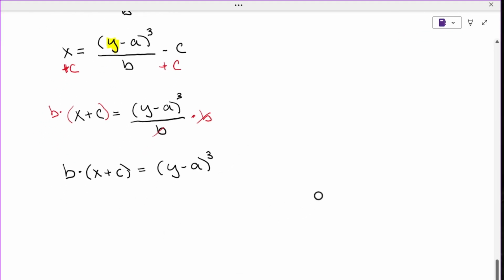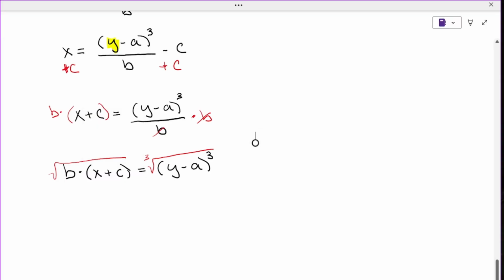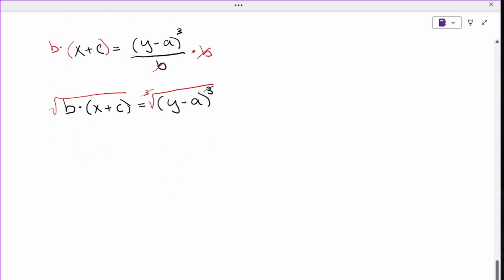So we're going to take the cube root of both sides, and that would mean that on the right side, the cube root and the exponent are going to cancel, and on the left side we will have the cube root of b times (x plus c), and all of that equal to y minus a.